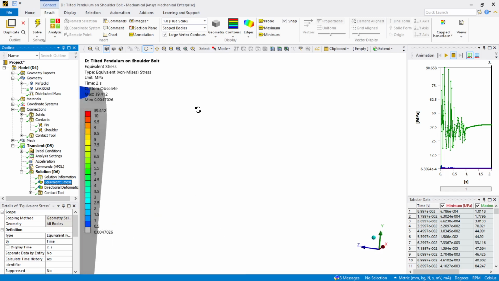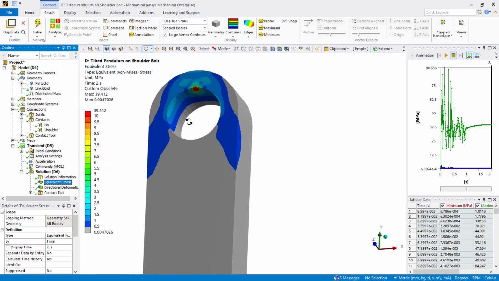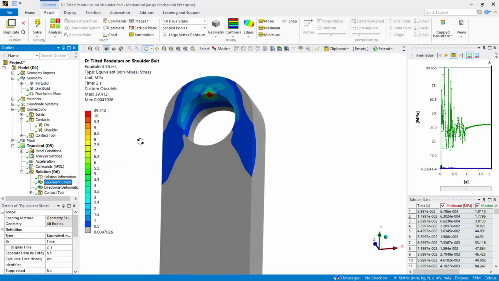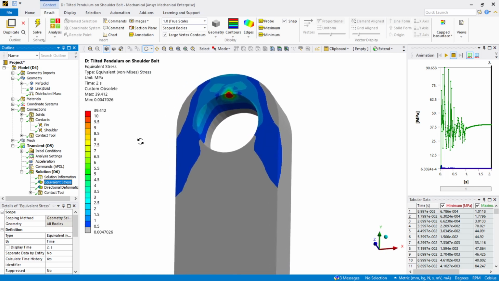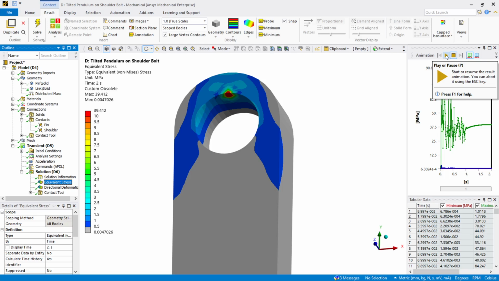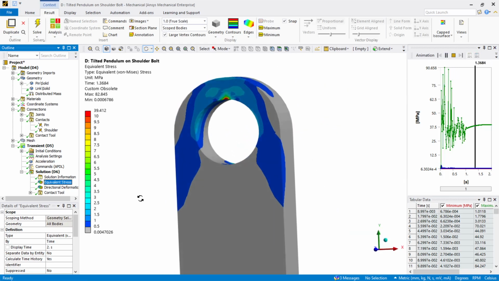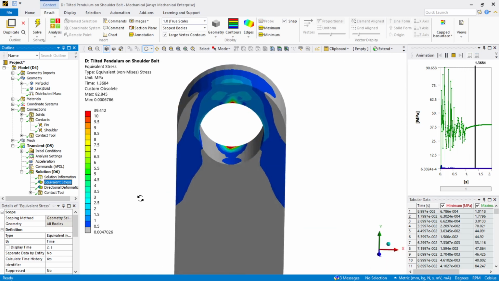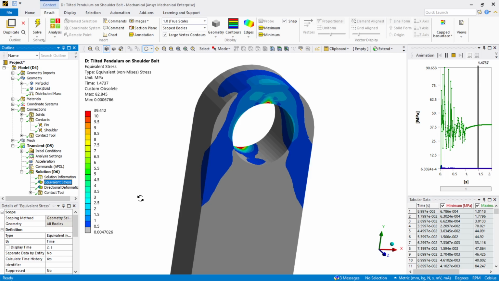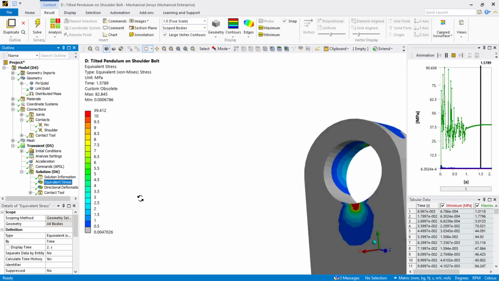And so we have a very realistic distribution of stress by using full contact, and that stress plays out while the link is operating. So we can see that here.